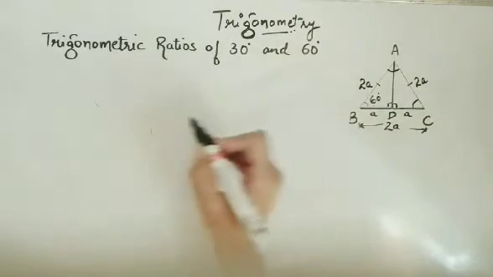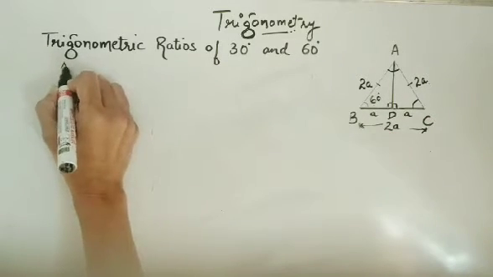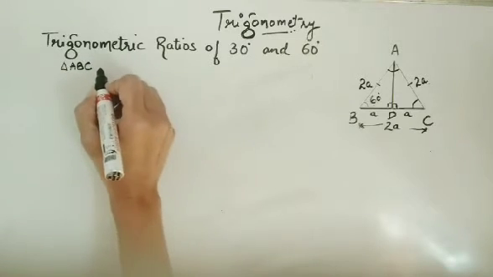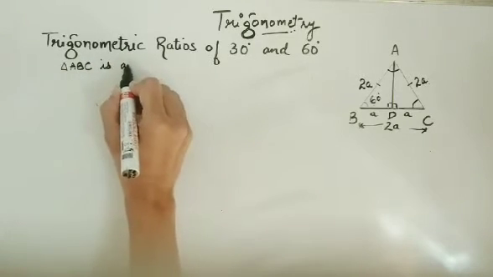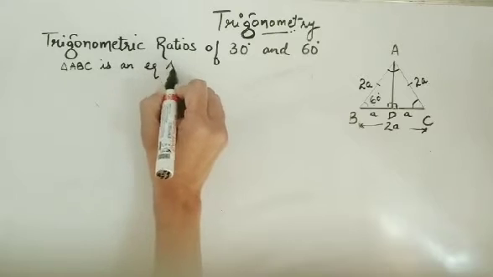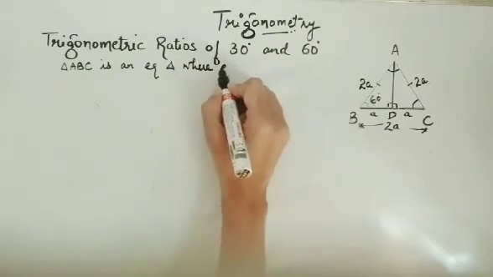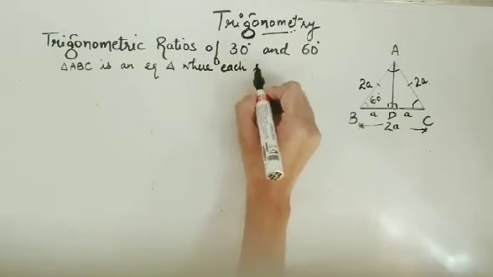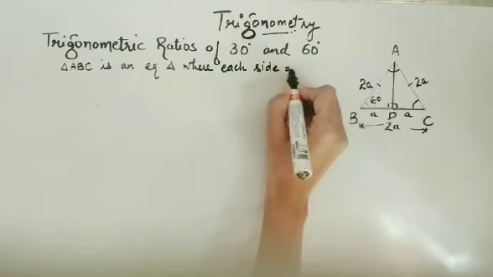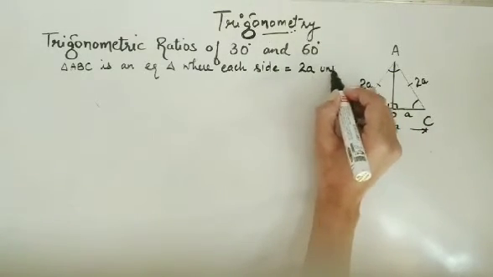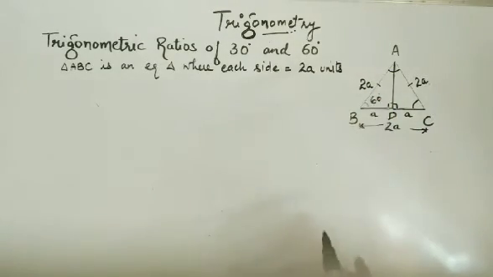We did a construction. Let me first mention that ABC is an equilateral triangle where each side is taken as 2A units.